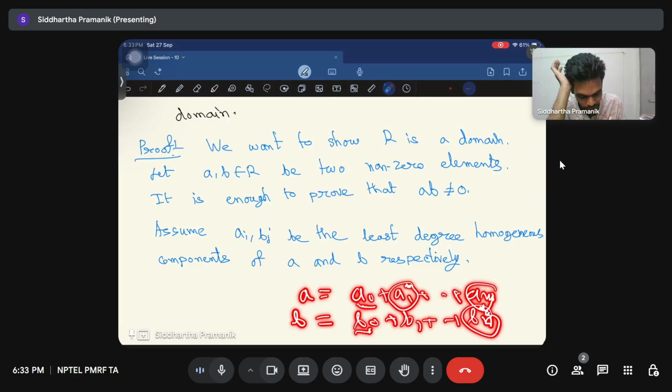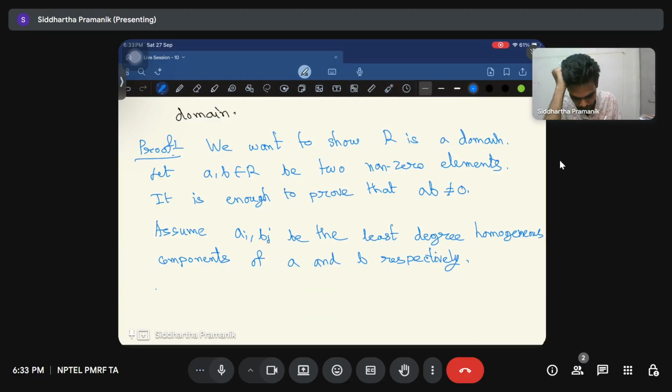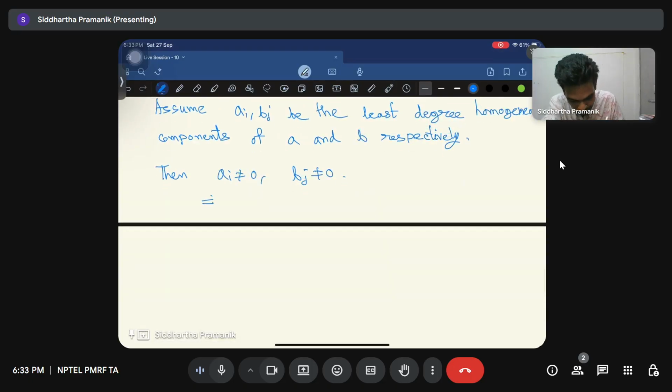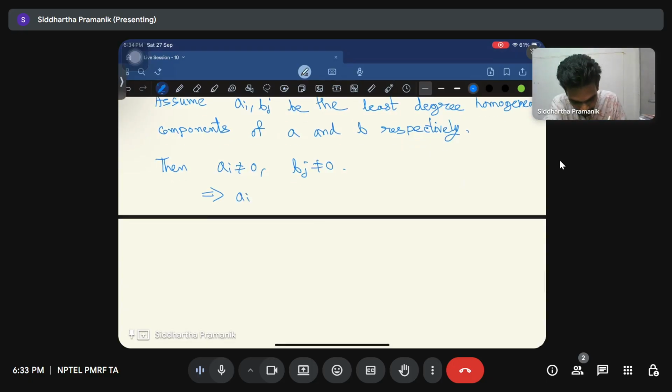We are assuming that is Ai, and for B we are assuming it as Bj. Then Ai has to be non-zero and Bj has to be non-zero, right? Because they are the least possible degree components. So that will imply these elements are non-zero divisors, so Ai times Bj is non-zero.